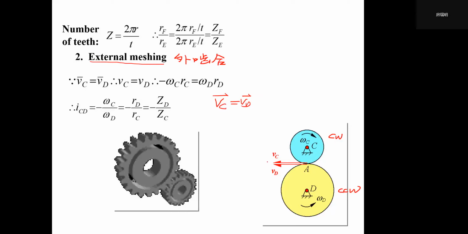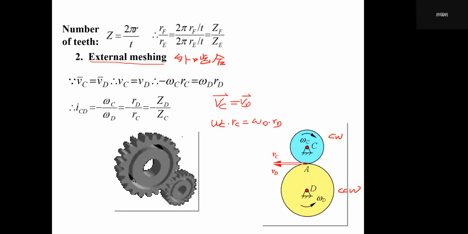So actually this means a point overlapping with A on gear C, and this point overlapping with A on gear D. So VC equals omega C times RC and VD equals omega D times RD.